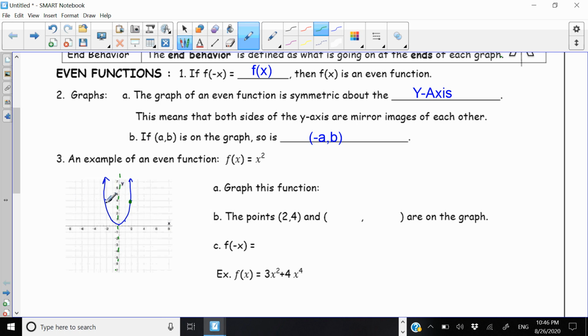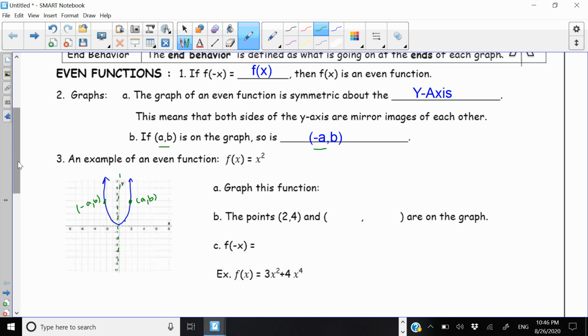That means on the other side, the mirror of this point, which is going to be here, will also be on the graph. If this side is (a, b), the symmetry of this point to the y-axis will be (negative a, b). So we say if (a, b) is in the graph, (negative a, b) is also there.